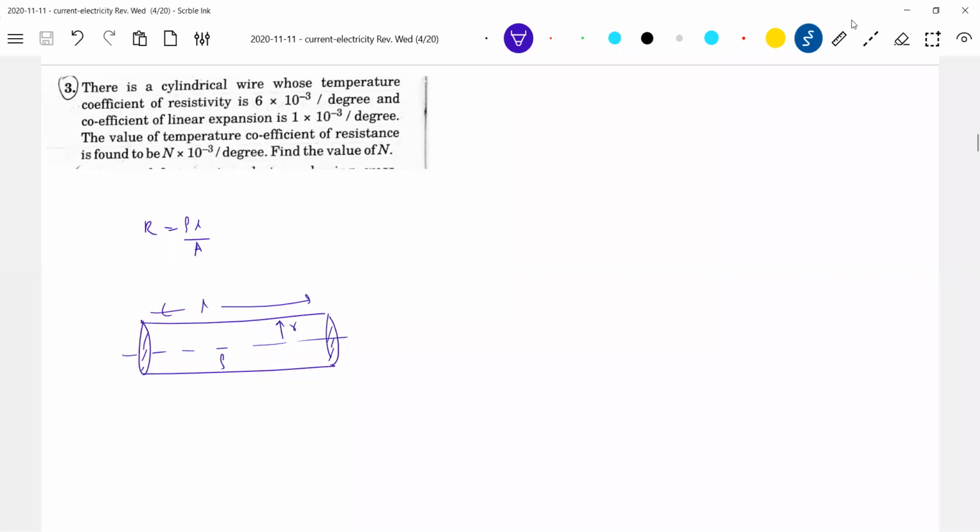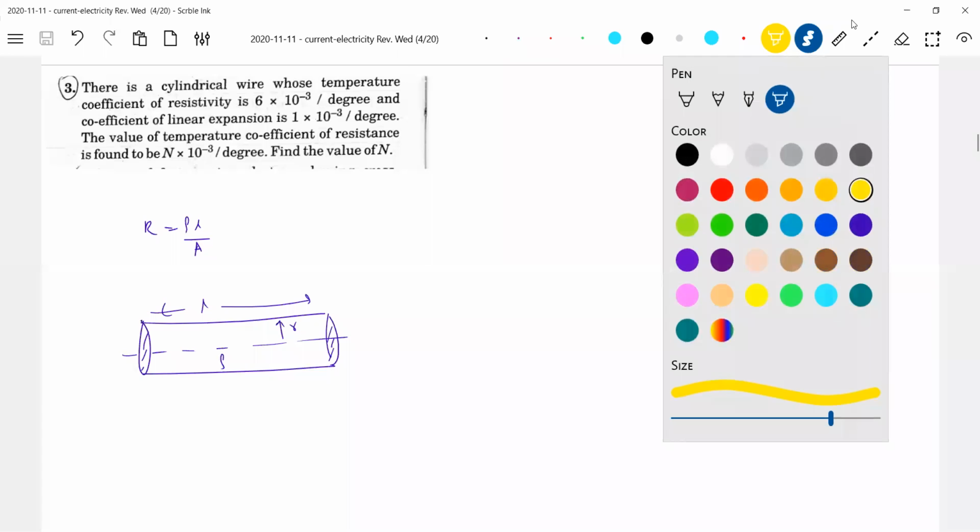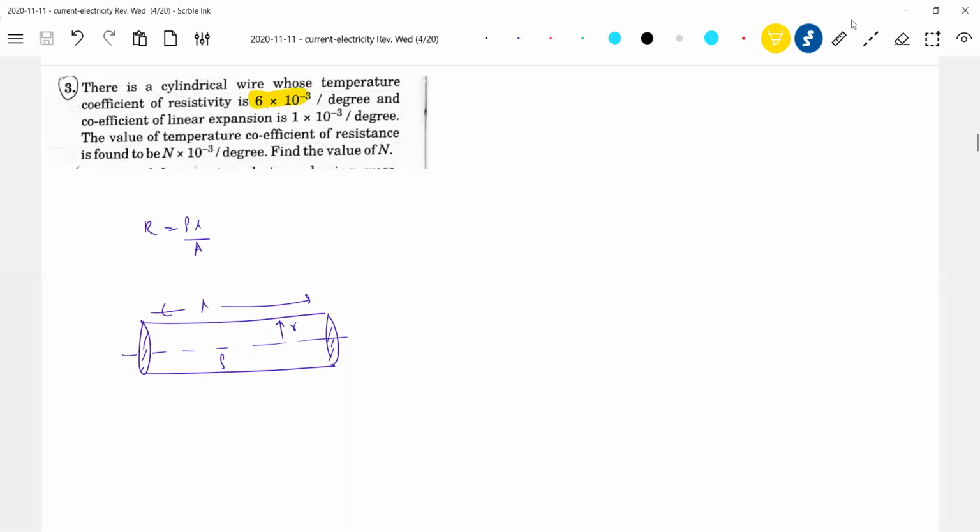So what is the meaning of this temperature coefficient of resistivity? Just as we have the coefficient of linear expansion, similarly the coefficient of resistivity will come.